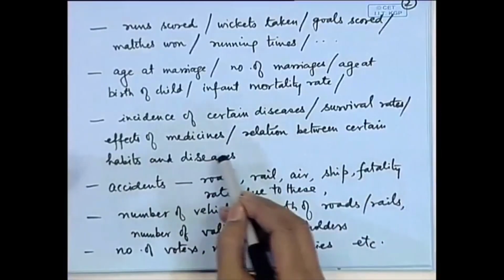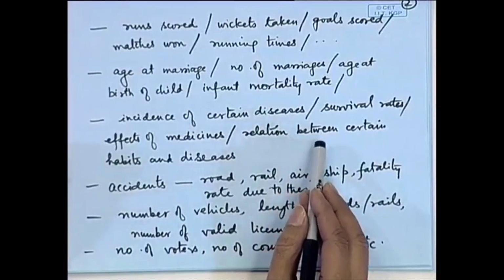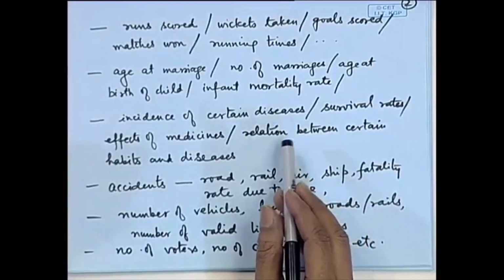Relation between certain habits and diseases. For example, is there a positive correlation between the habit of smoking and, say, lung cancer or TB? Therefore, those causes which give rise to certain diseases should not be encouraged. For example, if a locality is unhygienic, then it may give rise to diseases like cholera.